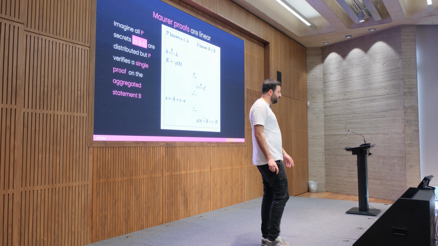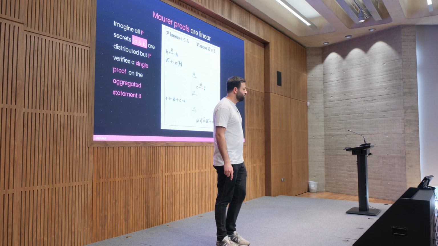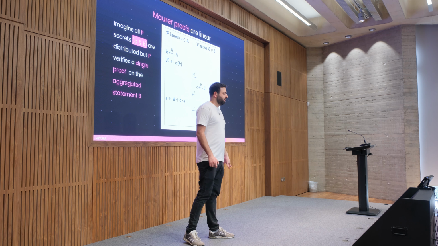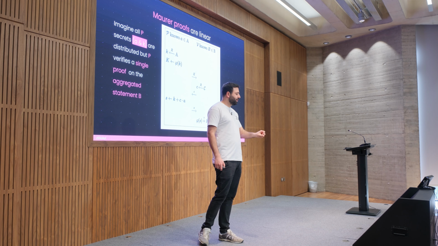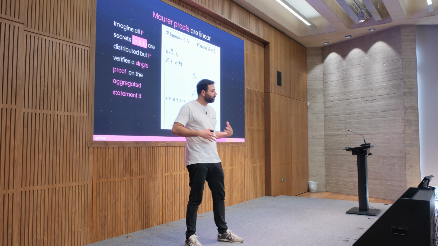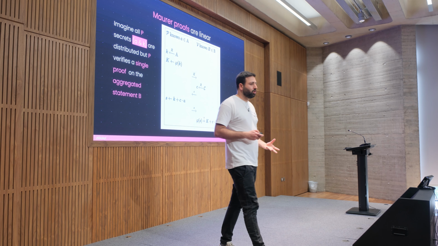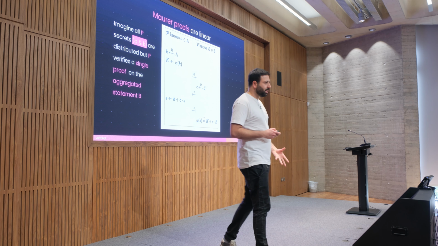And for that, we use proof aggregation. So Maurer proofs are linear. As you see, you have K plus CA. There's no multiplication. It's very easy to aggregate them in multi-party computations. And therefore, Maurer proofs are aggregatable.